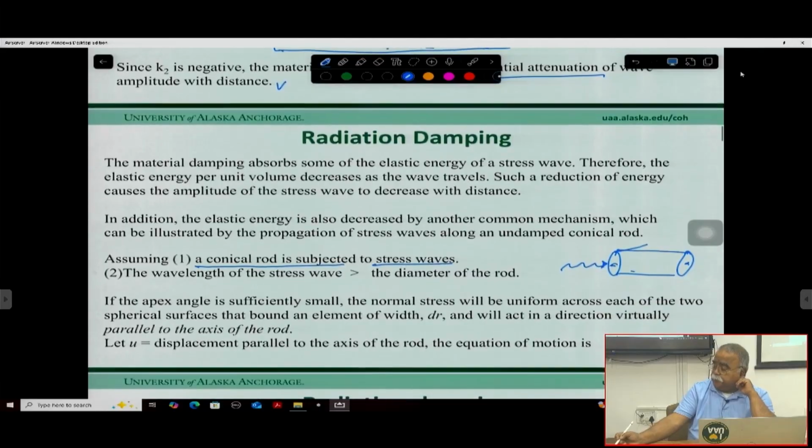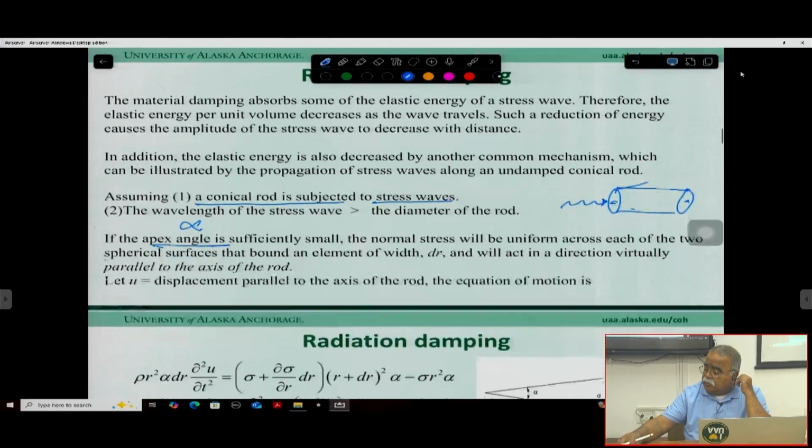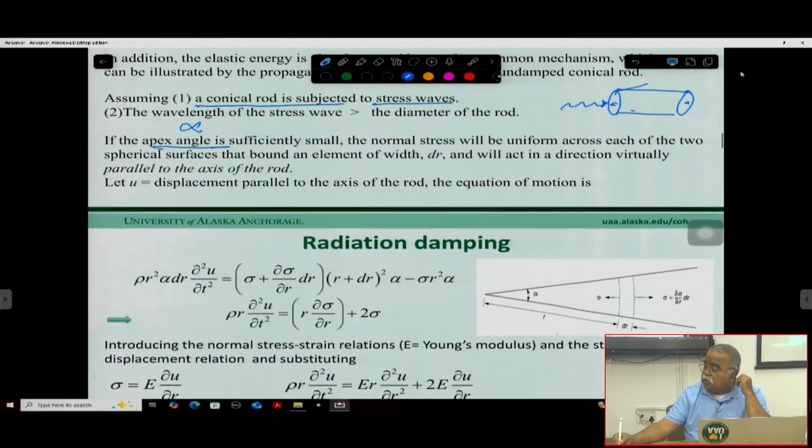So let us assume that this apex angle on which the wave is incident is some sort of an angle. We call that angle alpha, with the normal stress being uniform. Let's see, I can give you the next picture here. So this is your alpha.